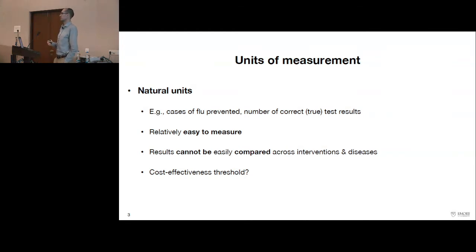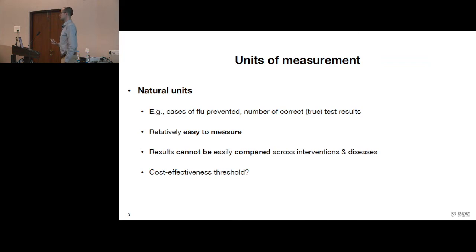If you're evaluating a new MRI machine, it's a diagnostic testing device, so you would like to see the number of correct true results compared to the old machine that sometimes got something wrong. In general, natural units are fairly easy to measure.